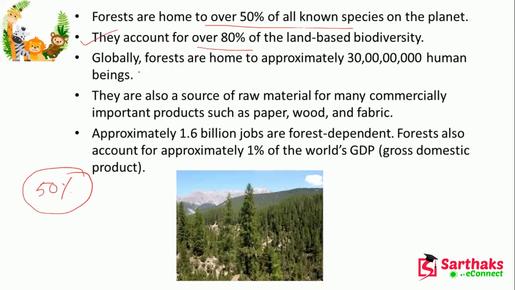And globally, forests are home to many human beings also, who are living dependent on the forest. They are living for their economic activity. This also depends on the forest.